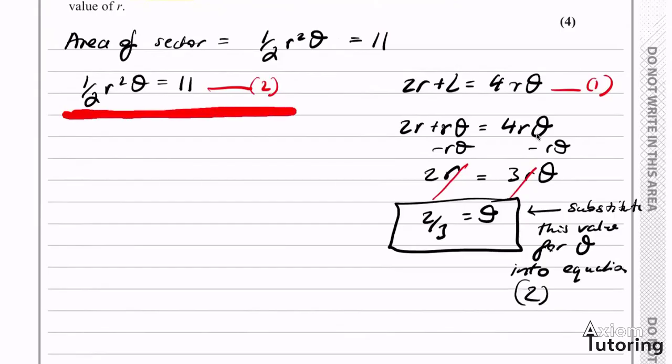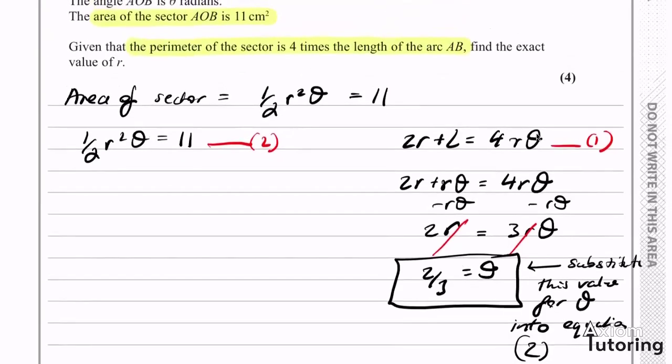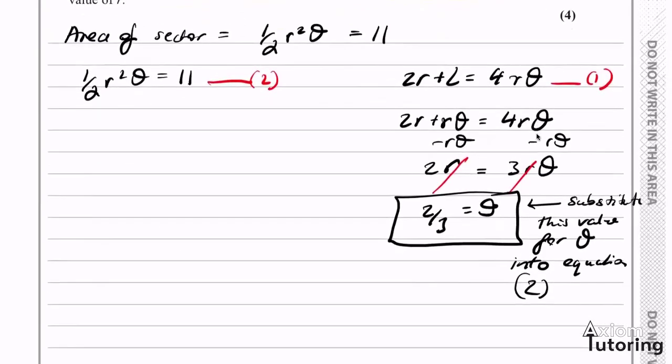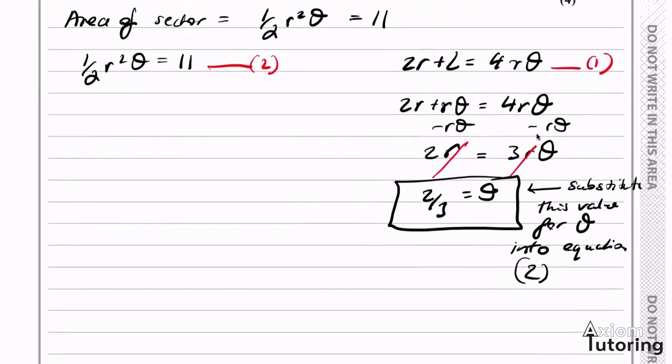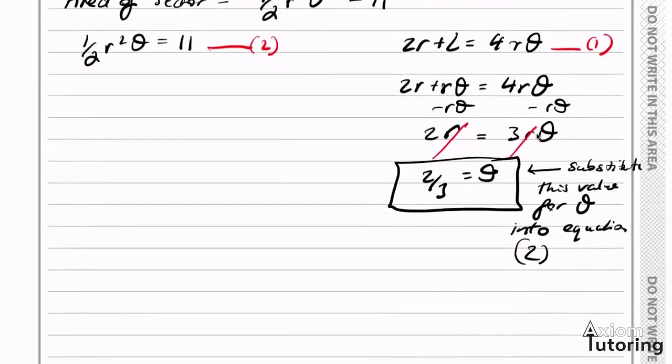And remember, that comes from our area of the sector because we were told it's 11 centimeters squared. So we just equated it to our formula for the area. So now let's plug in this value of theta.